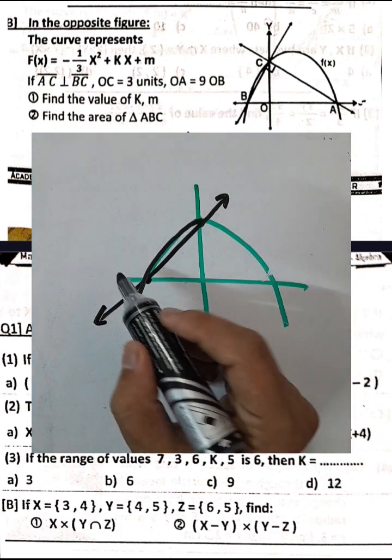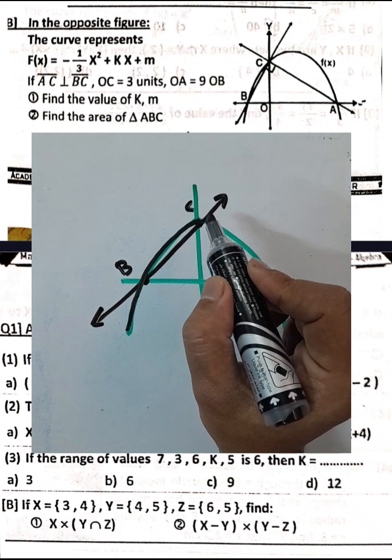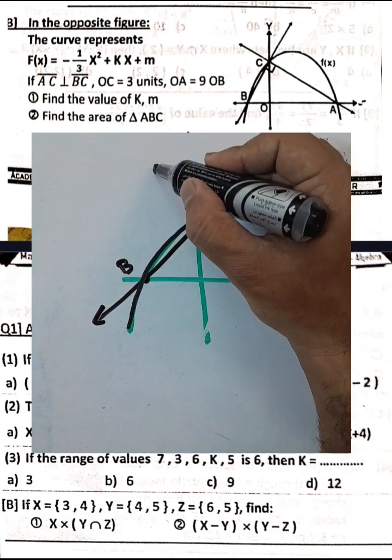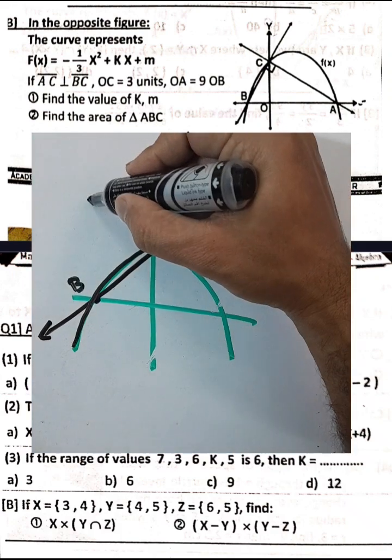This point P and this point C, and we have a straight line again here.